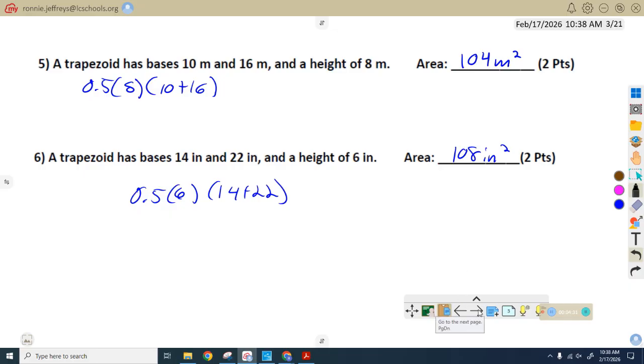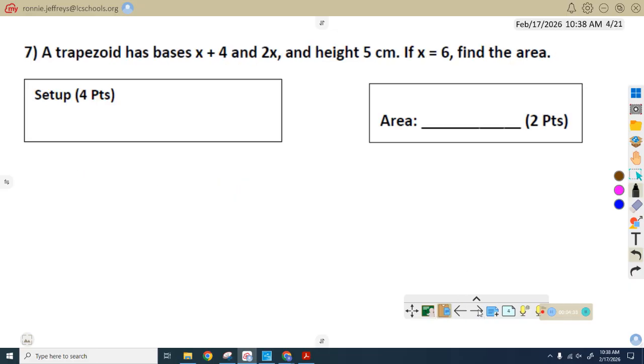All right, that's those two numbers. Moving on to this one. All right, so trapezoid, so this would be like 0.5 times 5 plus 4 plus 2x. Okay, so that's basically you setting it up.